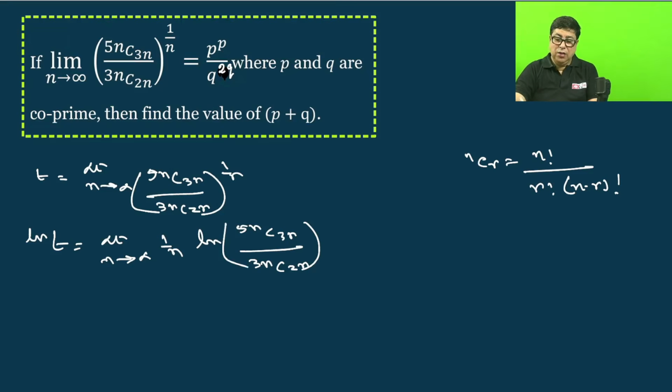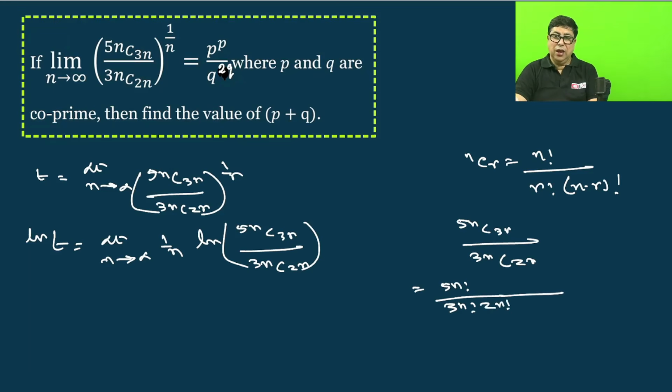If I calculate this portion outside, 5n C 3n by 3n C 2n, I can write 5n factorial by 3n factorial and (5n minus 3n), that is 2n factorial, total divided by nCr again, 3n factorial by 2n factorial into (3n minus 2n), that is n factorial.